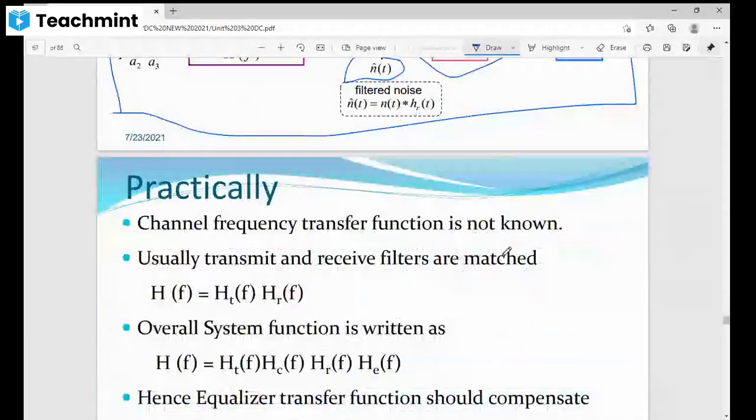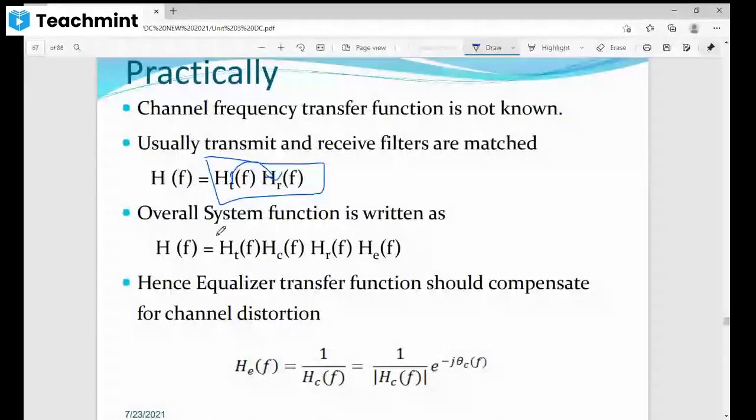Usually the transmit and receive filters are matched because we have knowledge of this, because we transmitted it, so what is received will be according to it. So the values are known. The overall system function is written as the transmitting filter transfer function, channel transfer function, receive filter transfer function, and this will be the error transfer function we add in that.